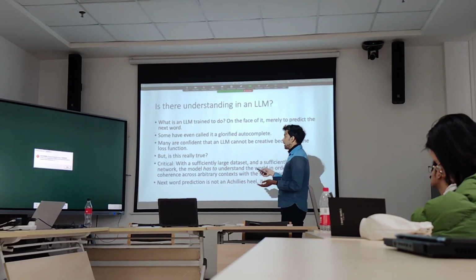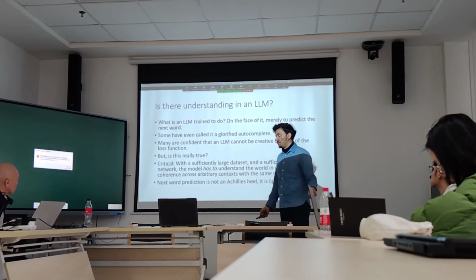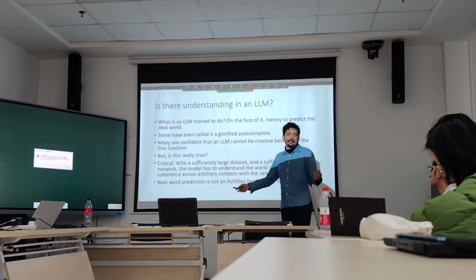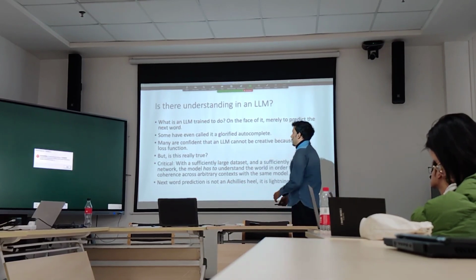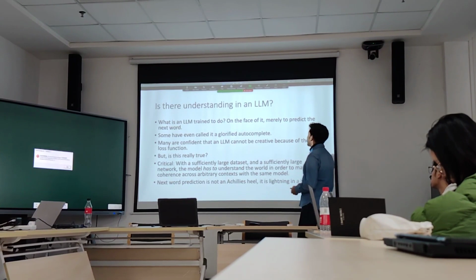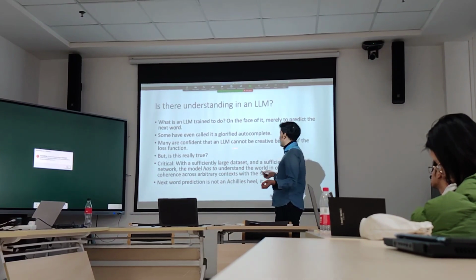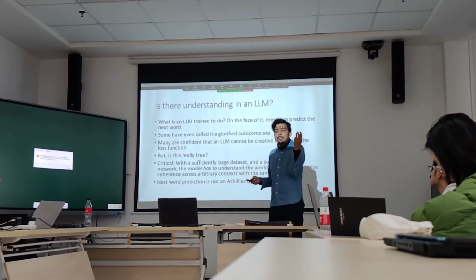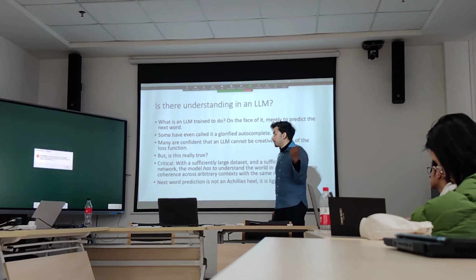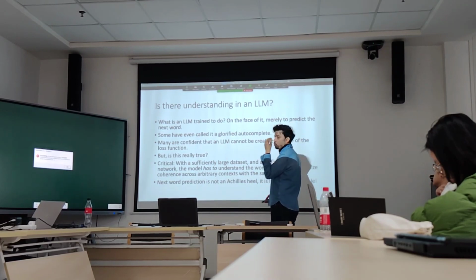Some have even called it a glorified autocomplete because of that reason. It seems like that's what autocomplete does, it just predicts the next word. Many are confident that an LLM cannot be creative because of this loss function. It just feels like, okay, I just want to predict the next word. There's something seemingly trivial about that endeavor. But is this really true?